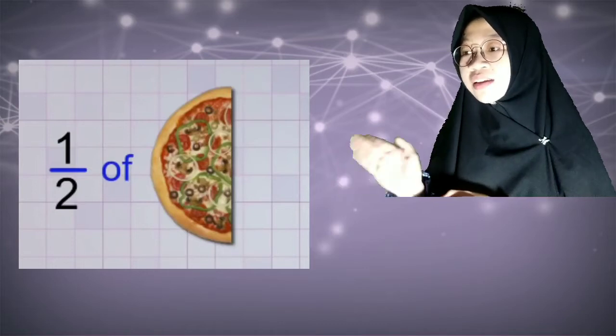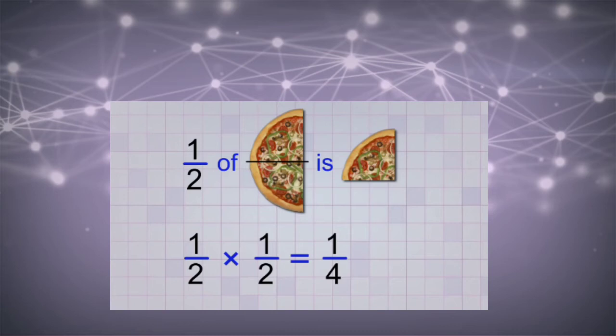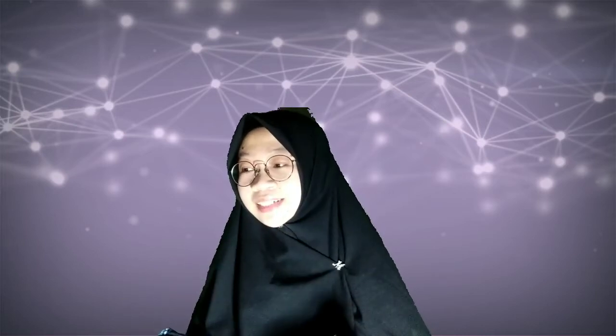For example, here's half of a pizza. You can see that if I take 1/2 of that half, then I get 1/4 of a pizza. If we do the multiplication 1/2 times 1/2, you see that we do get 1/4. So, that's why you can think of multiplying fractions as taking part of another part.